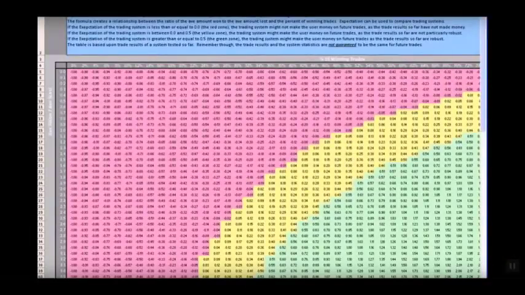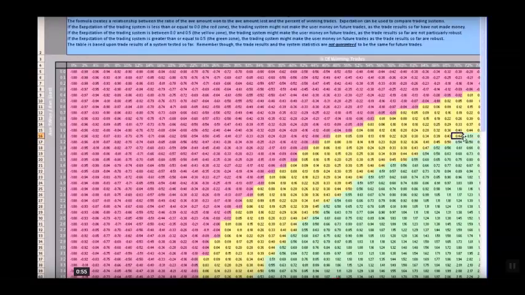What you're looking for is an expectation as close to the green or as far away from the red zone as possible. So you line up your average dollars won divided by your average dollars lost, 1.1 in this case, and you come all the way over to the right until you get to your winning percentage, which is along the top here. And that brings us to this number right here, 0.47. So we're just bordering the green zone.